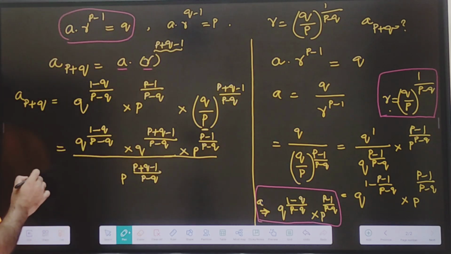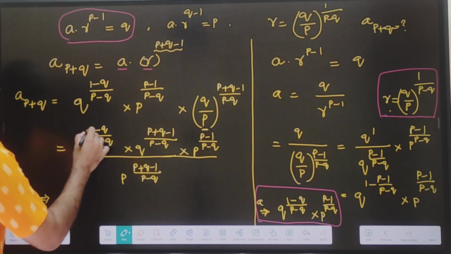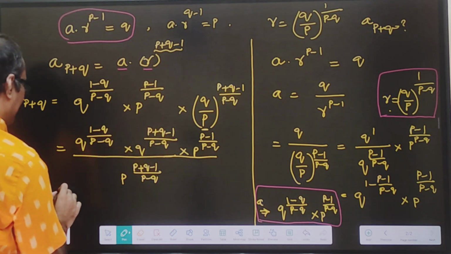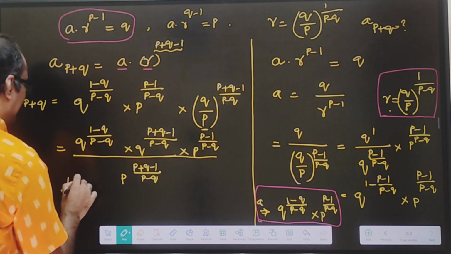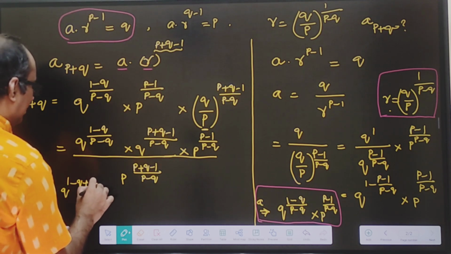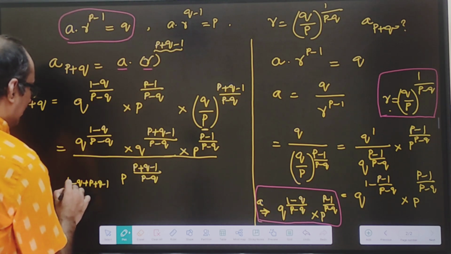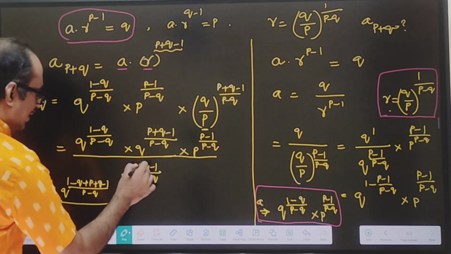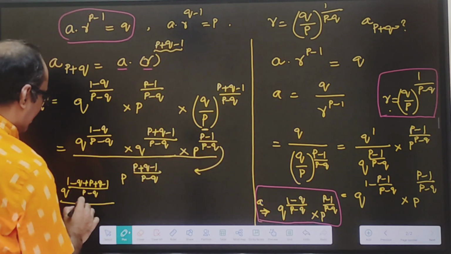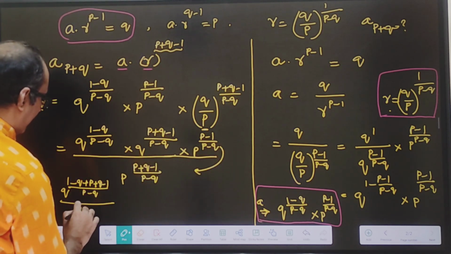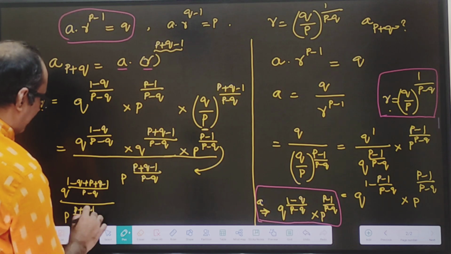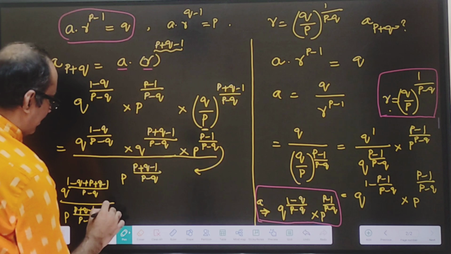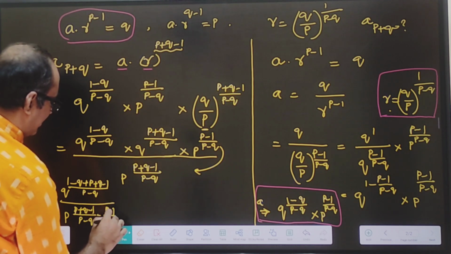Now let us separate q terms and p terms. For q we will have (1 minus q plus p plus q minus 1), where 1 and q will cancel. For p, we get the denominator as (p plus q minus 1) minus (p minus 1), divided by p minus q.